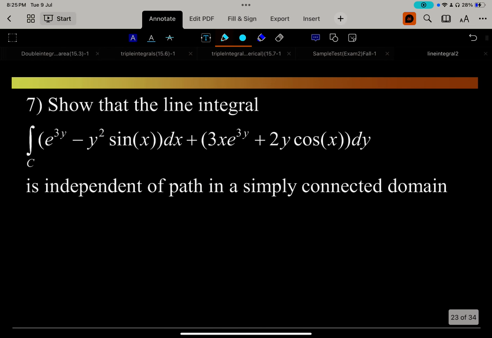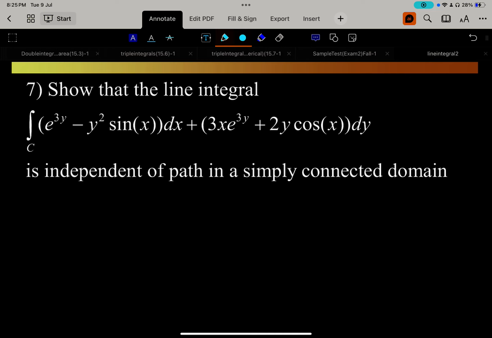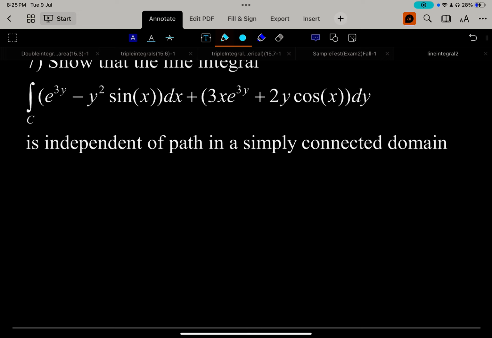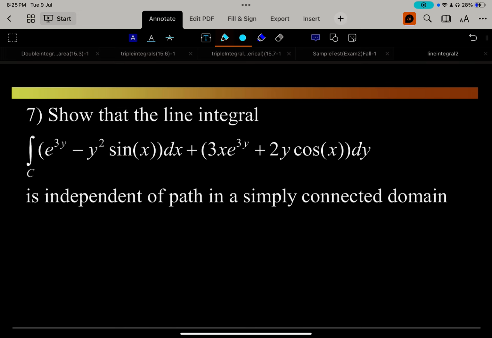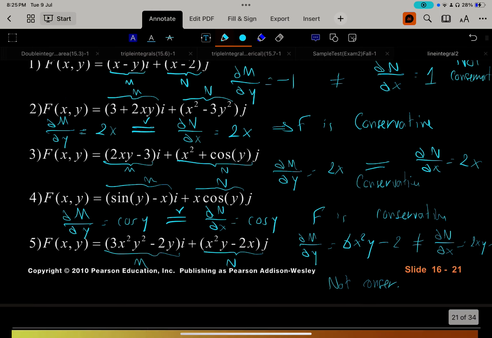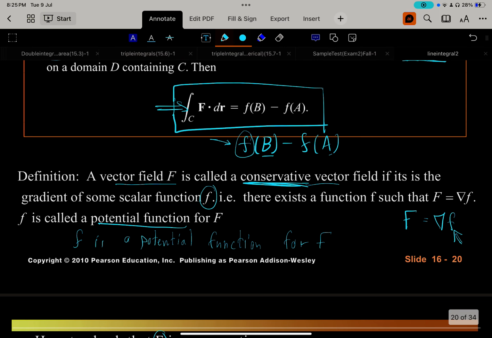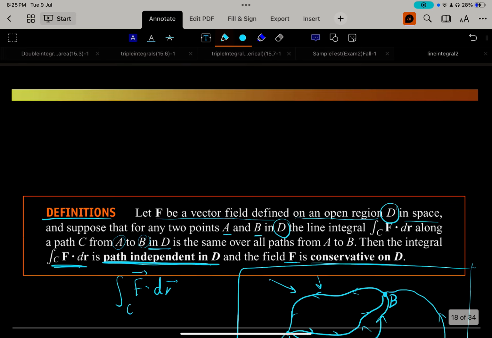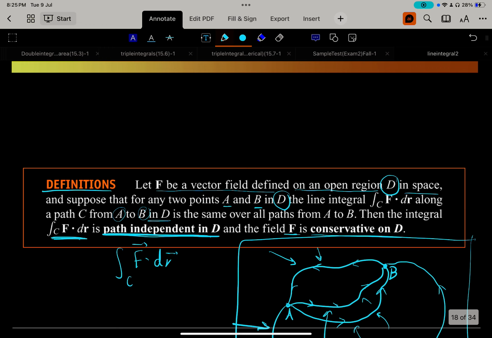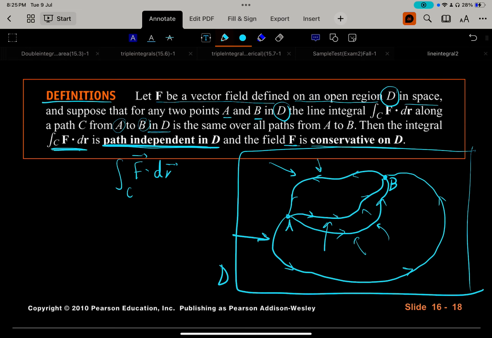Now, he wants us to show that the line integral is independent of path in a simply connected domain. We said that in order to show that a line integral is independent of path, we need to show that the line integral along path c from a to b is the same over all paths from a to b.